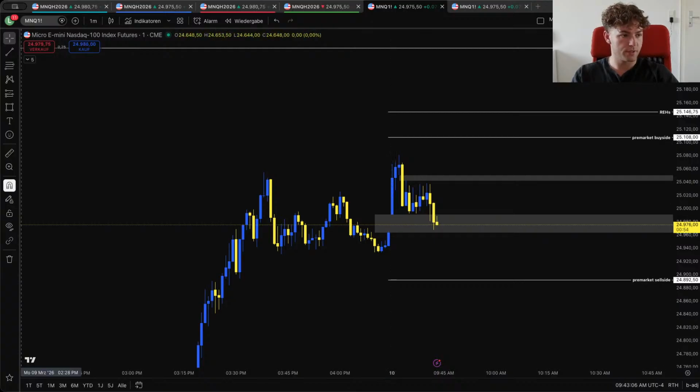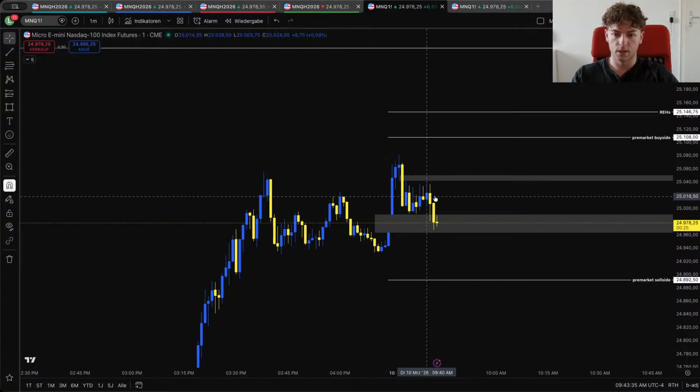So 4 to 5 days ago on DXY, we've taken out buy sides. If you check the DXY chart yourself, we've taken out buy side on the daily chart, and now we are kind of consolidating on DXY as well. DXY is the dollar, and obviously the dollar is inversely correlated to the indices market.